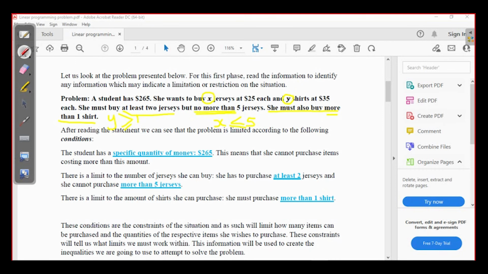Who wants to help complete the other piece of it? There you go. 2 is the lower limit here, because this one we're going to get a compound inequality. The reason we're getting a compound inequality, they're saying that the constraint for X, yes, you have to buy at least 2 jerseys, but you can't buy anything more than 5.